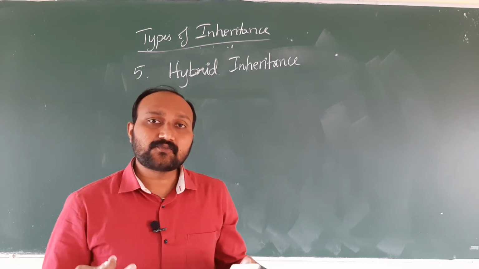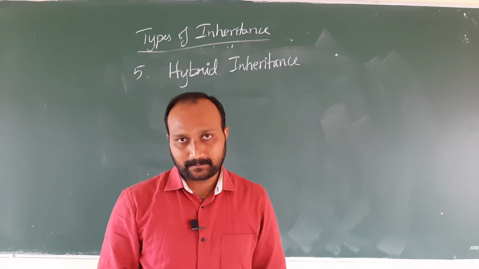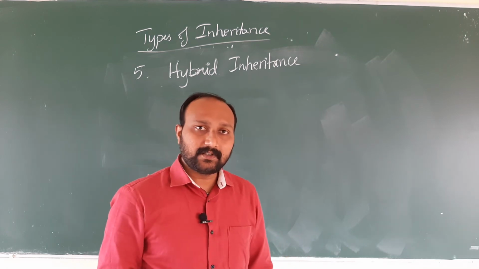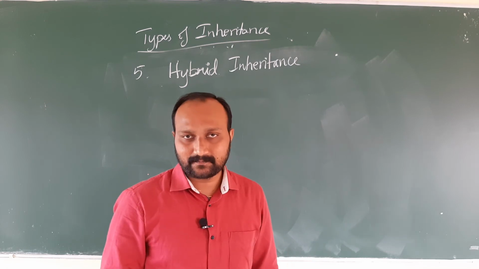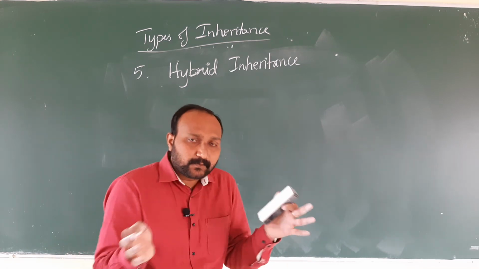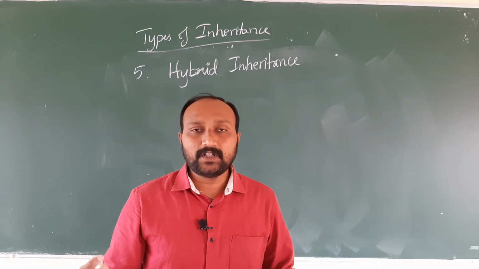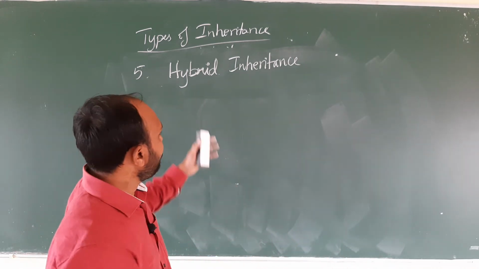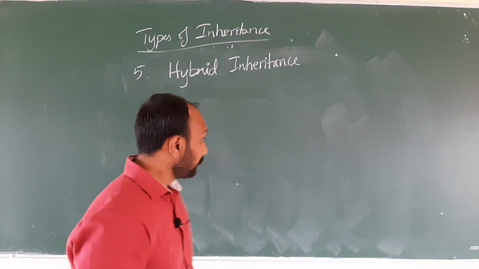It is inheritance made out of an amalgamation of two or more types of inheritance. Usually we consider multi-level and hierarchical inheritance. If you combine multi-level and hierarchical inheritance, then you will come across a new type of inheritance called hybrid inheritance. So let us understand this.